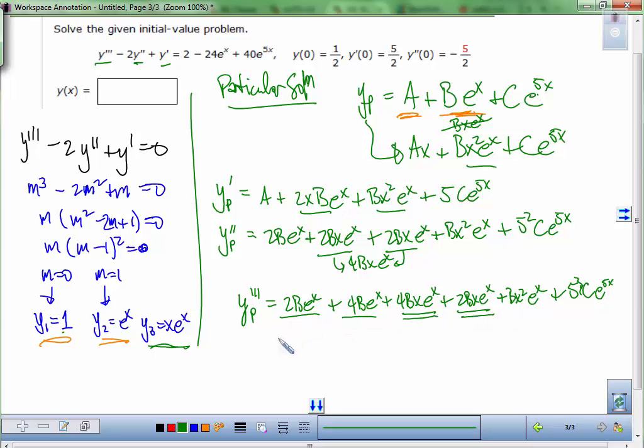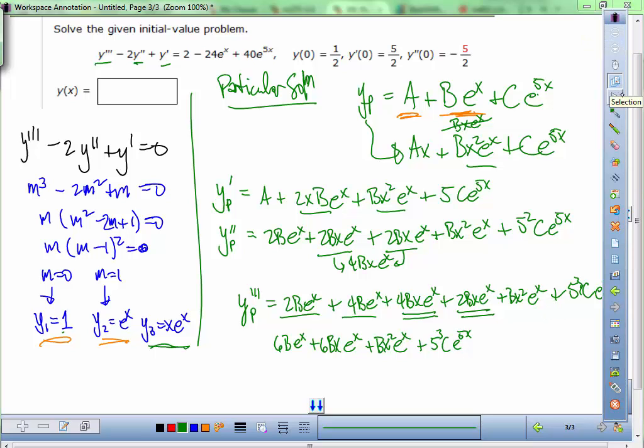So I'll say 6b e to the x plus 6bx e to the x plus b x squared e to the x plus 5 cubed c e to the 5x for starters.